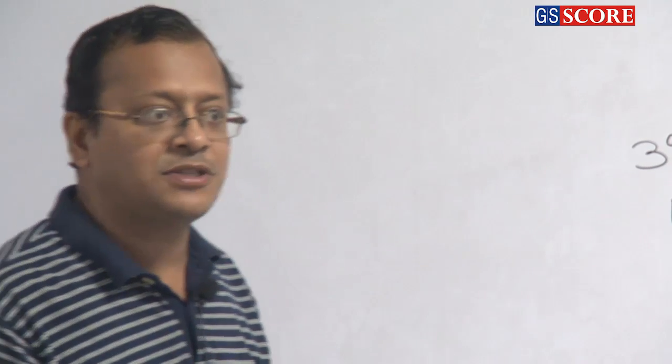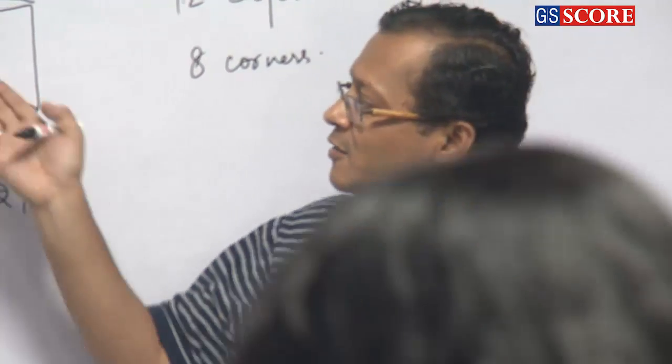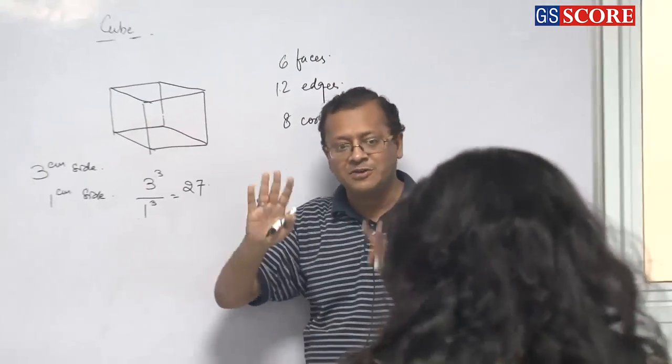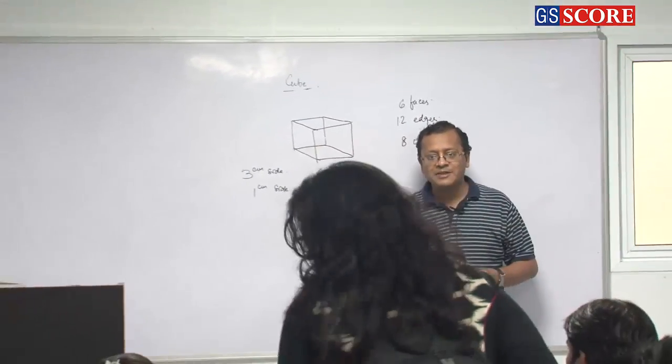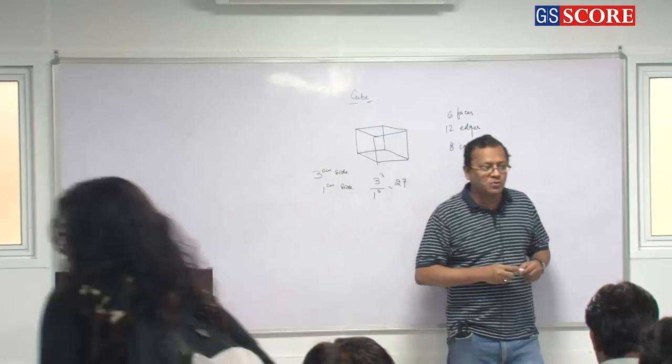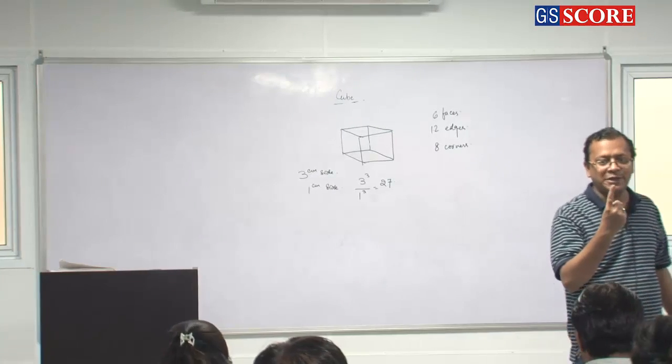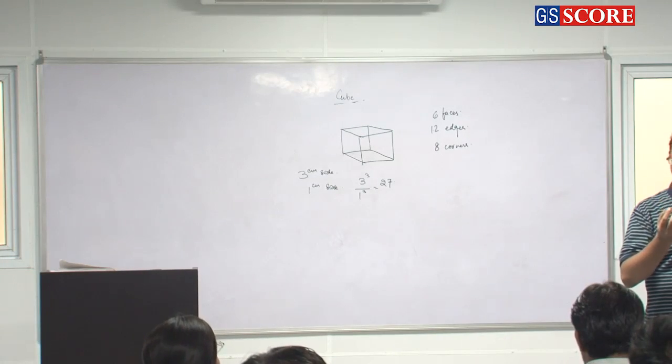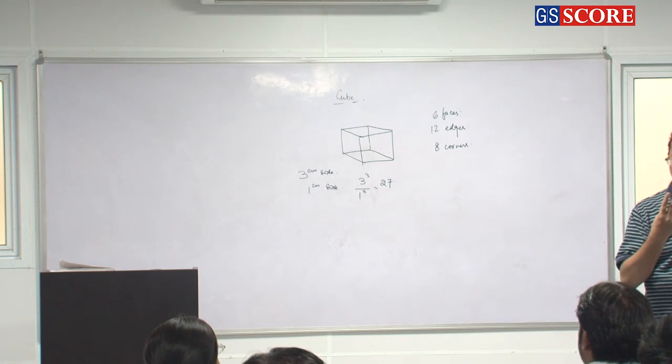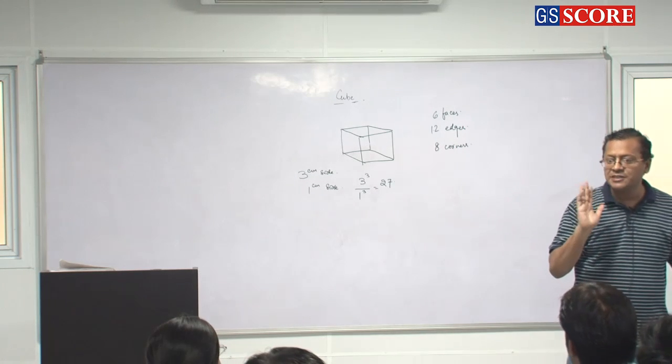Now I ask you questions. How many cubes are there? It's a solid cube, obviously, it's a solid cube. All 6 faces are seen here, but it is a solid cube. Now I am asking you questions. How many cubes have got 1 face painted? How many cubes have got 2 faces painted? How many cubes have got 3 faces painted?